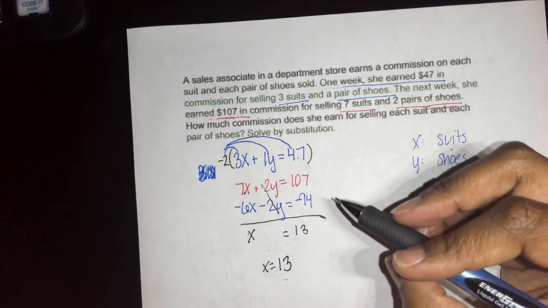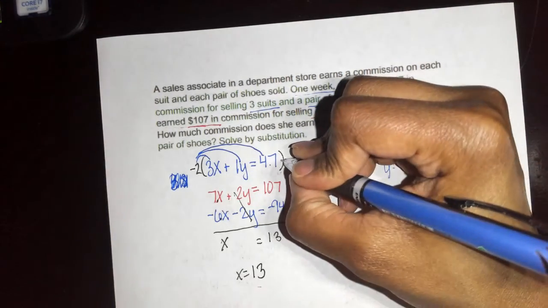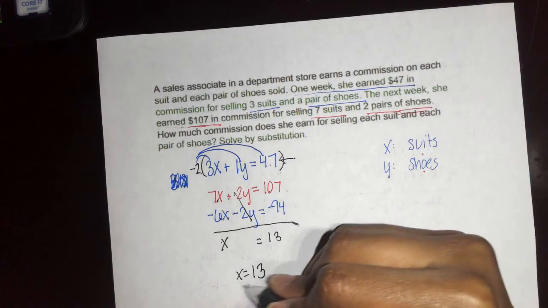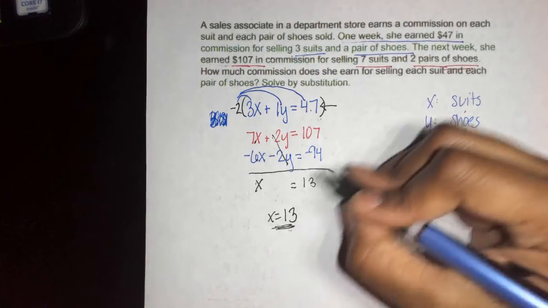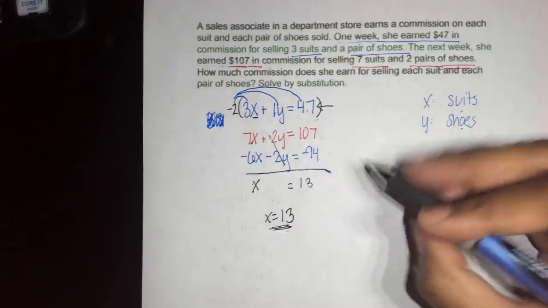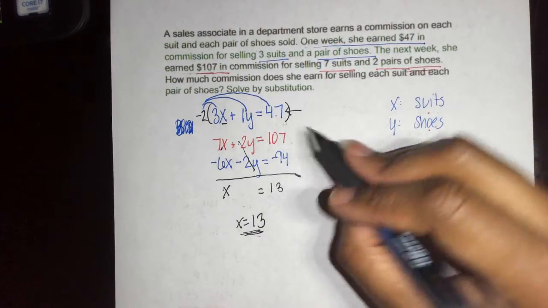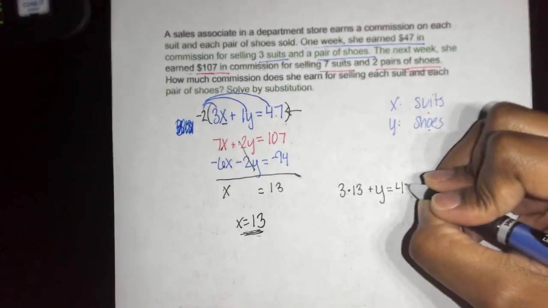So I need to find what y is still. I'm going to take the original equation right here and plug this x into the x that was here. So instead of saying 3 times x, I'm going to say 3 times 13 plus 1y, or just plus y, equals 47.